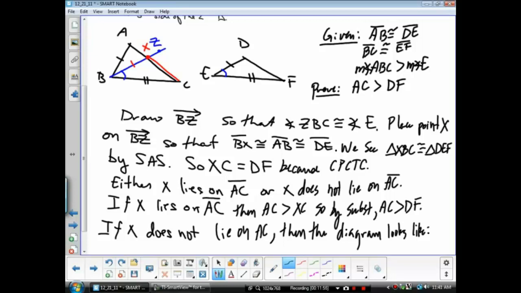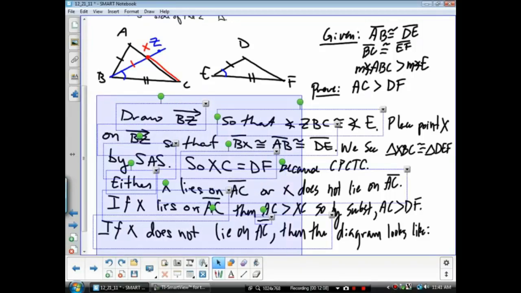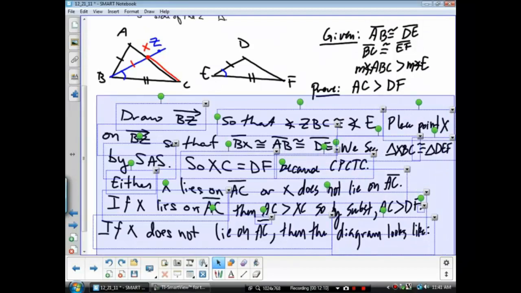So we'll have to draw another diagram that represents this other situation. So if X does not lie on segment AC, then the diagram looks like, and we'll go ahead and draw the diagram so that we see that case.